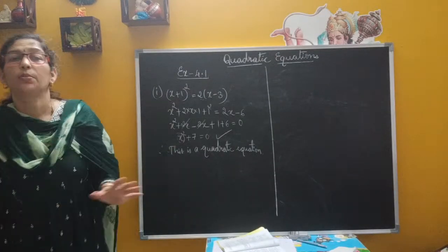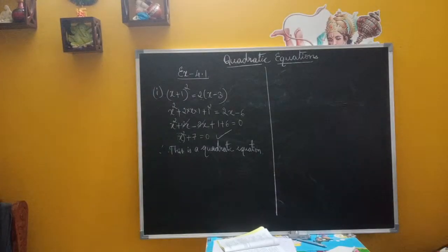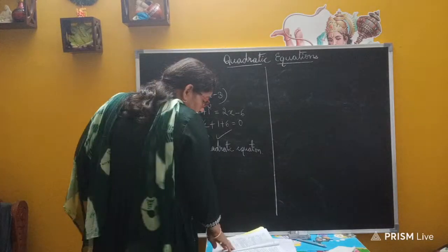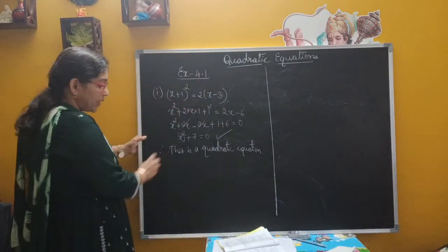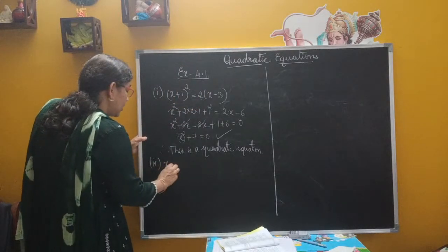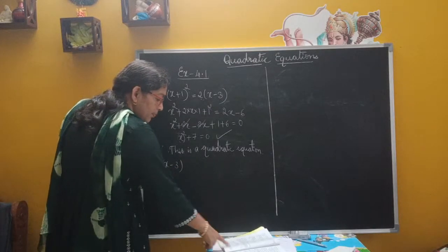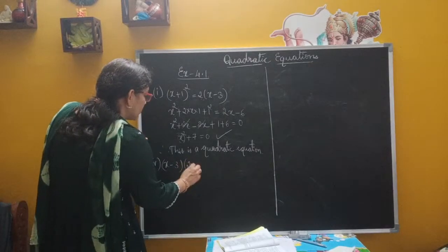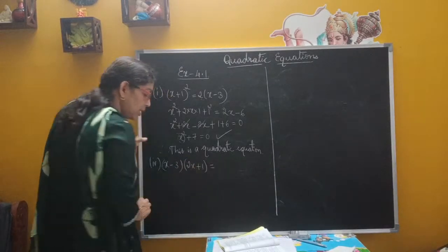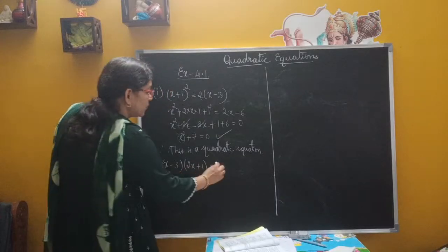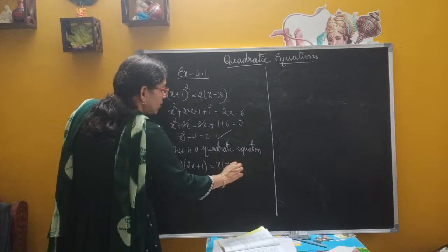The fourth one from this is x minus 3 into 2x plus 1 is equal to x into x plus 5.